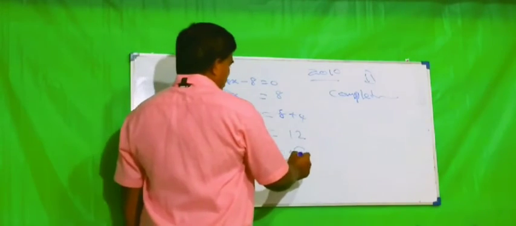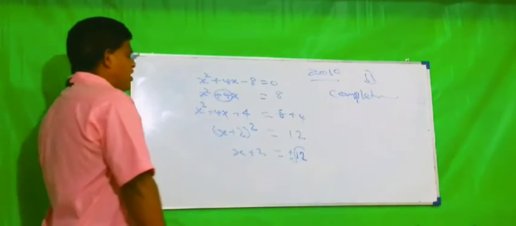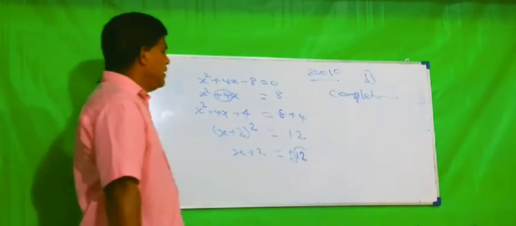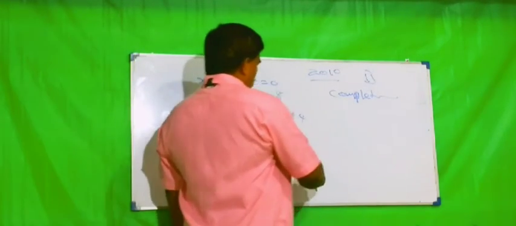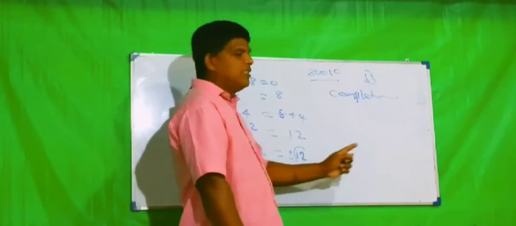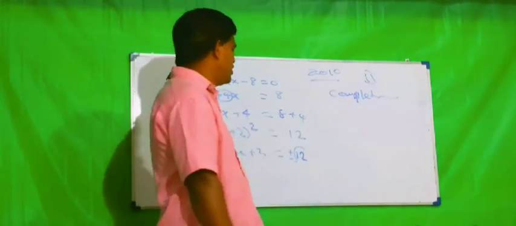So here, 12 is a special number. The square root of 12 is special, so we should recall an additional matter from another lesson. It is your first lesson, real numbers.